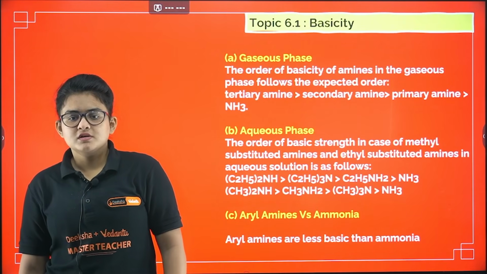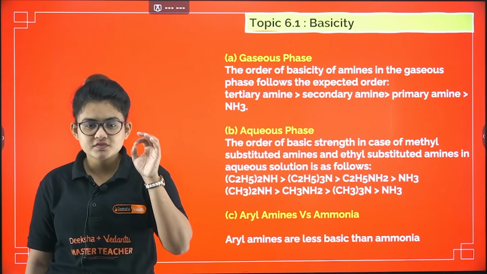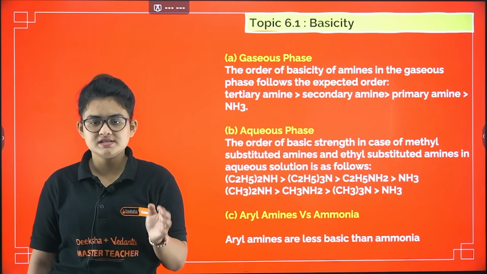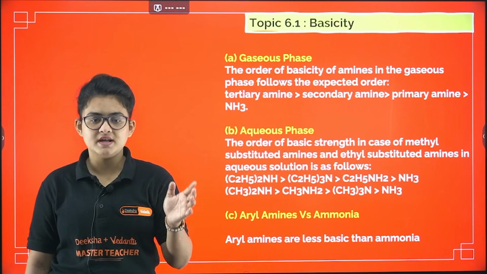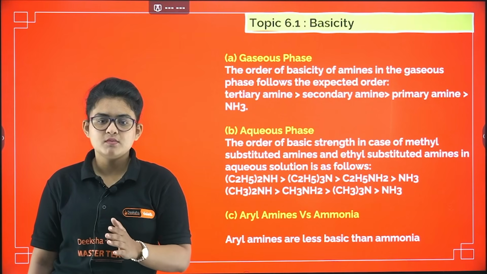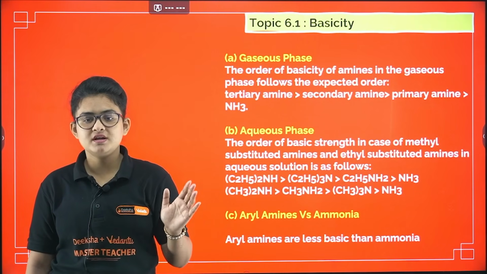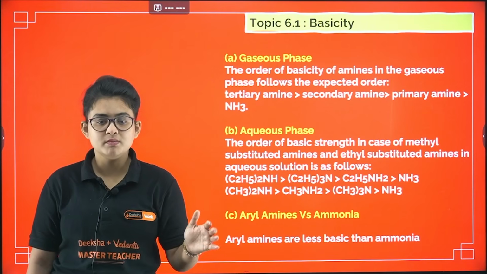So here the order of basic strength in case of methyl substituted amines and ethyl substituted amines in aqueous solution is something like 2 degree, then 3 degree, then 1 degree, then ammonia. Okay, this is the general order, because of the hydrogen bonding and other factors that predominate over here.